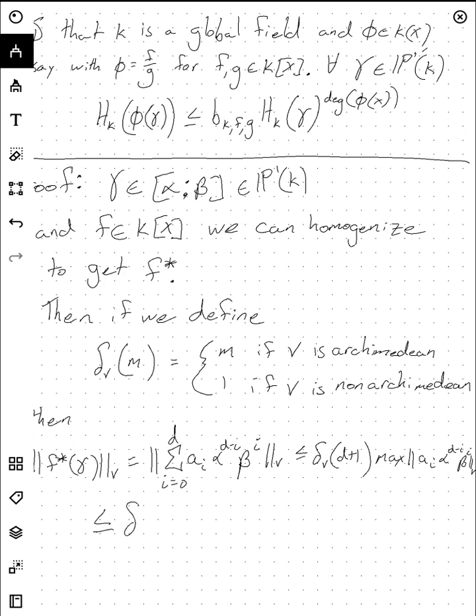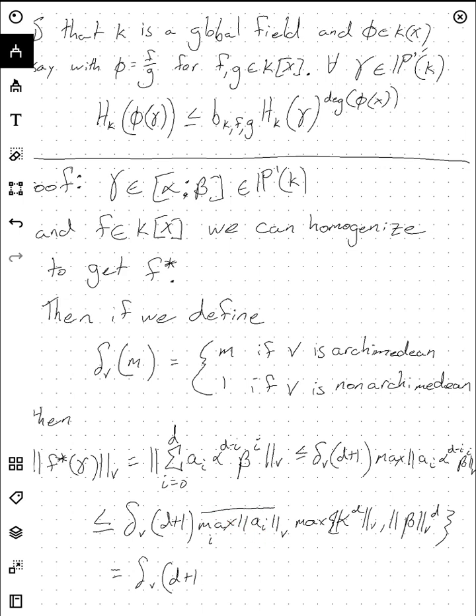So we get delta nu times d plus 1 times the max over the a_i, the magnitudes of the a_i, and then times the max of each of the variables, I don't know what else to call them, raised to the d power. And so we could see that this is equal to delta nu of d plus 1.